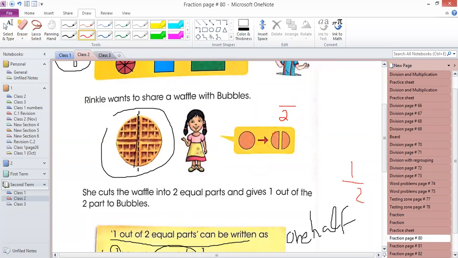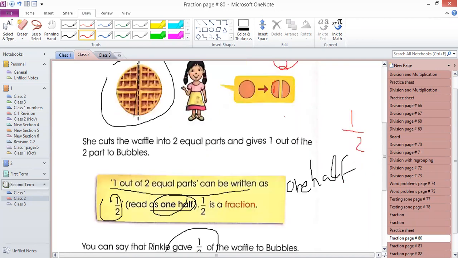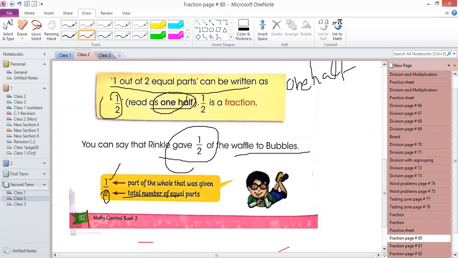If you talk about one part, it will be 1. 1/2 you will always read as half. 1 out of 2 equal parts can be written as 1/2 and read as half. So if anything is divided into two equal parts, each part is 1/2, or a half.